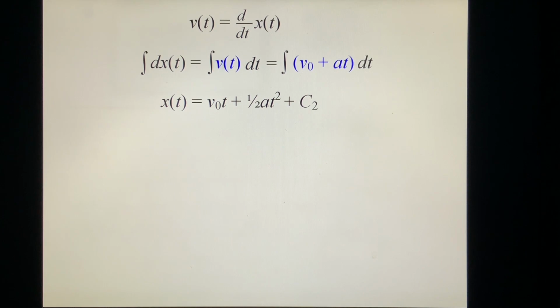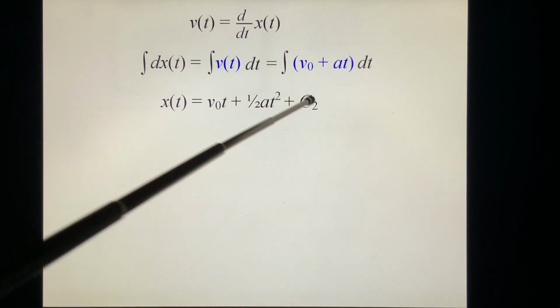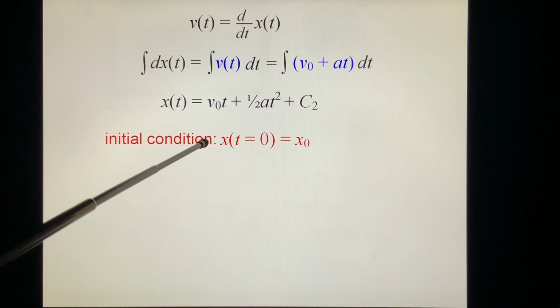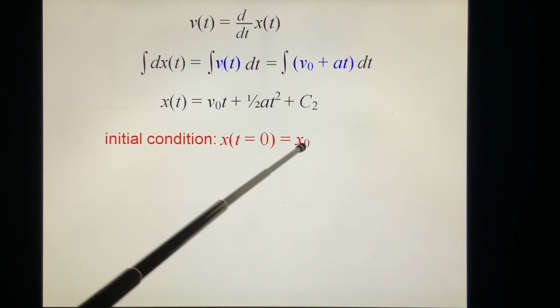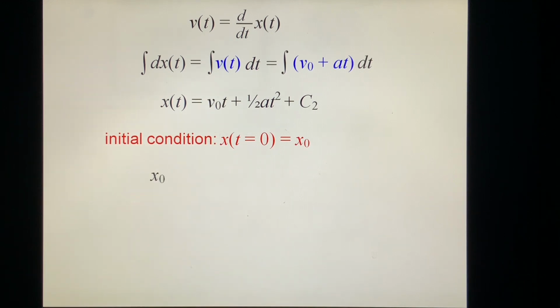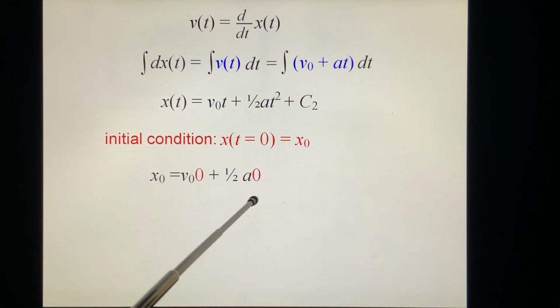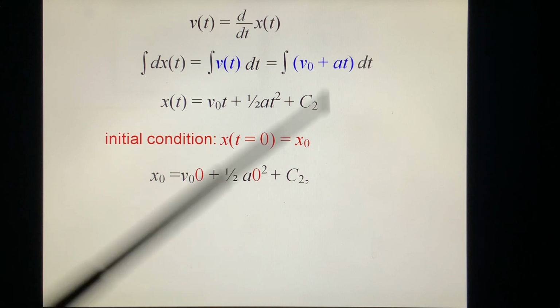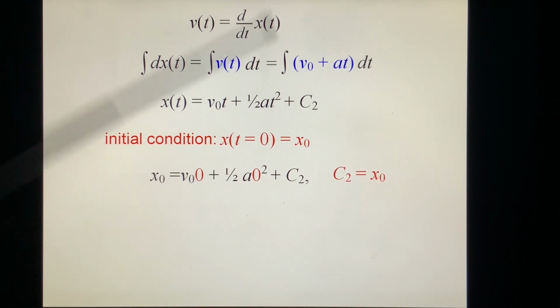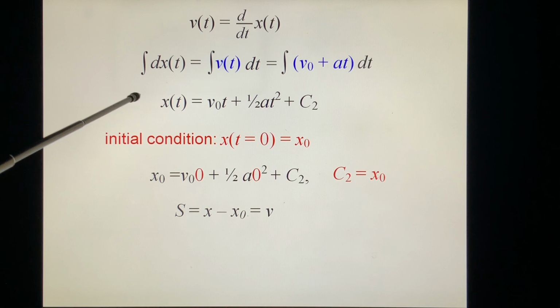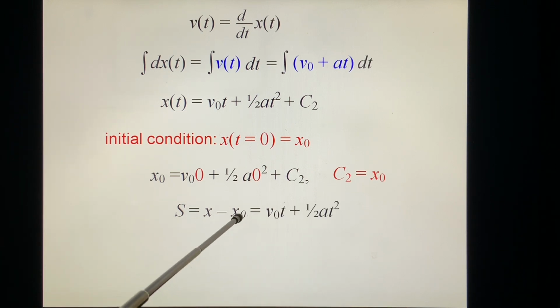It's very simple integration. And c2 is from the initial condition. When time equals 0, the position is x0, the initial position. So we put it inside. We get x0 equals v0 times 0 plus half a times 0 squared plus c2. We get c2 equals x0. And we put it inside. Okay, we get s equals x minus x0, the displacement, equal to v0t plus half a t squared, which you are quite familiar with.